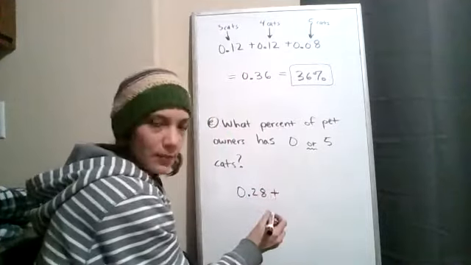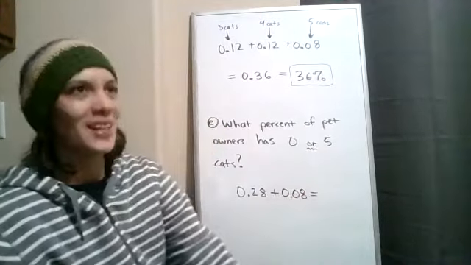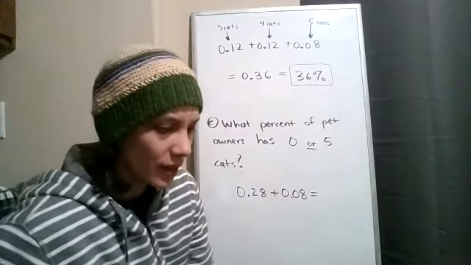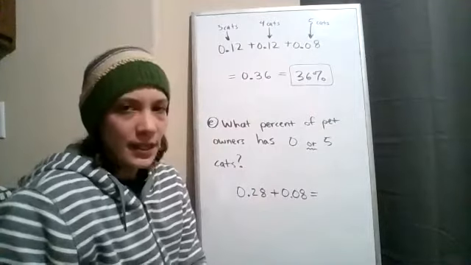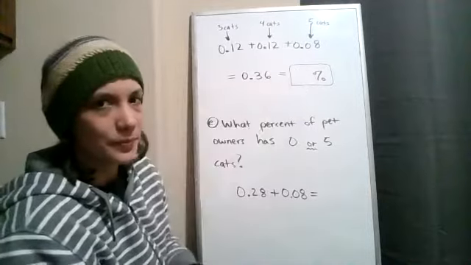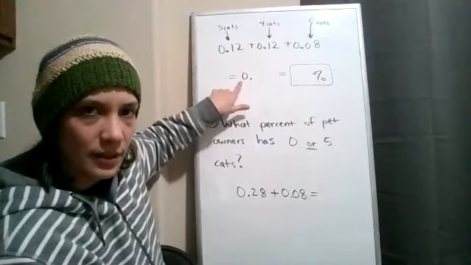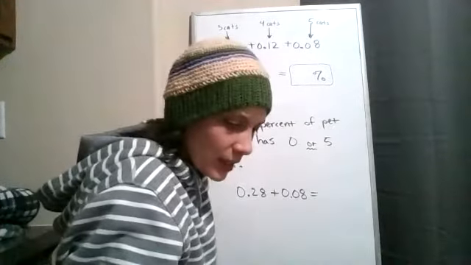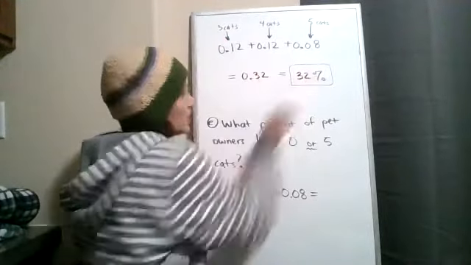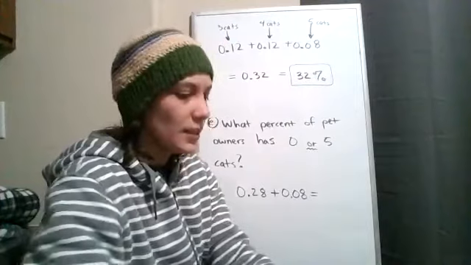The 5 cats had a proportion of 0.08. Total will be. Oh, I'm sorry, this one was 36%. This one's a mistake. We have to figure out this number. I was looking at the wrong problem. Does anyone have this answer? It's 0.32. This one's 36.